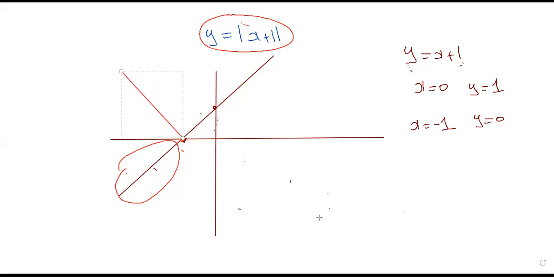Once I'm done with this, I am just going to erase this part now. All right, so the remaining part would be the graph of x plus 1 mod.